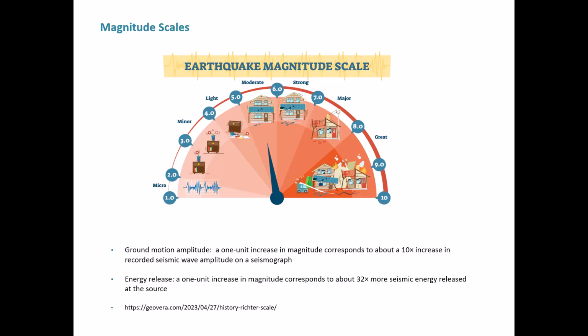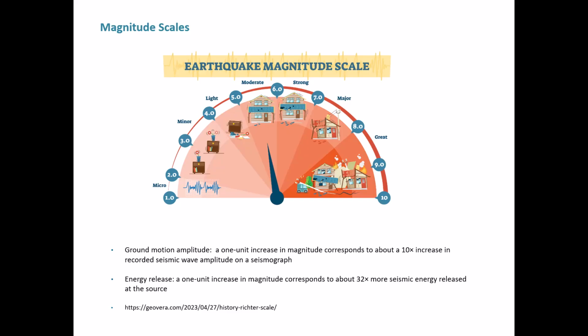So, more on magnitude scales. Just showing a fun little cartoon here. For some of these lower magnitudes, maybe the flower pot on that piece of furniture is just shaking a little bit, and then up to about 3.5 or so, more shaking, and up to about 4.5, maybe some files or papers are falling off the desk or out of a drawer.